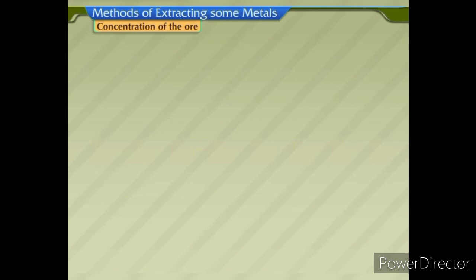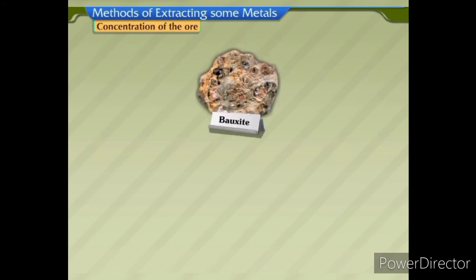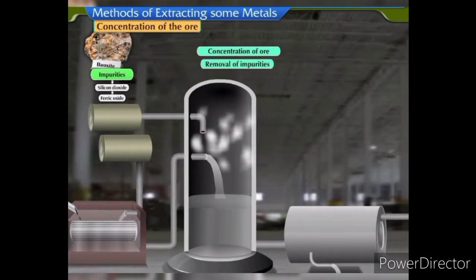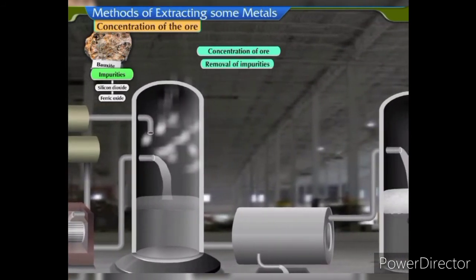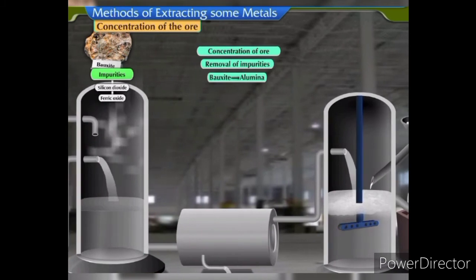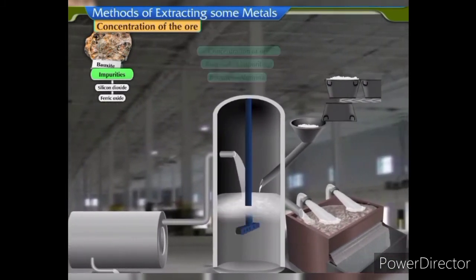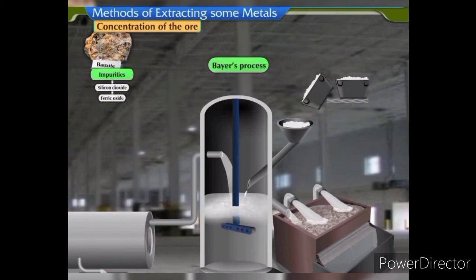Concentration of the ore. We know that crude bauxite ore contains the impurities silicon dioxide and ferric oxide. The concentration of the ore involves the removal of these impurities and conversion of bauxite to pure aluminium oxide or alumina. This process is called Bayer's process.